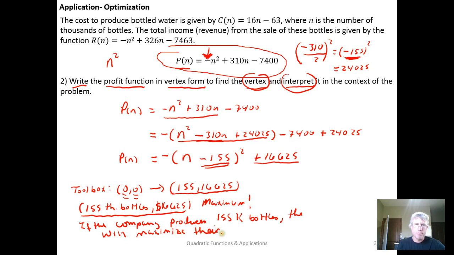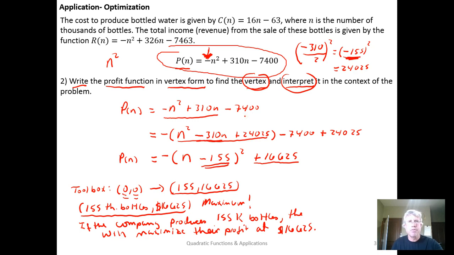Their profit at the maximized profit will be, that's a horrible dollar sign. Even I can't handle it. The maximum profit's going to be $16,625. So that's the interpretation of that vertex.